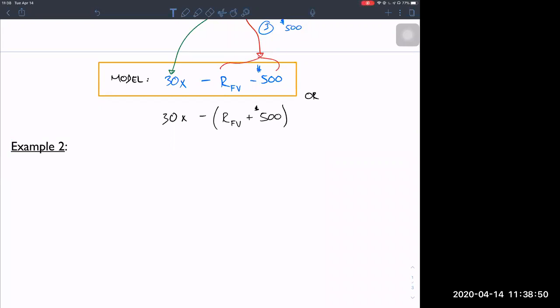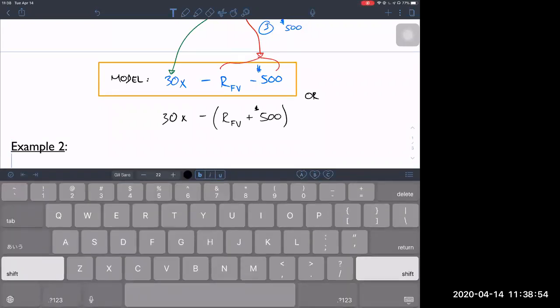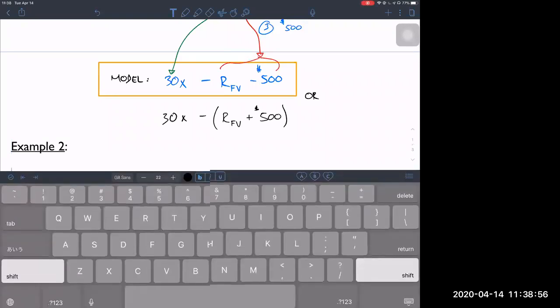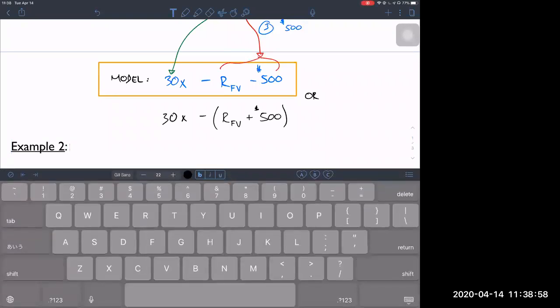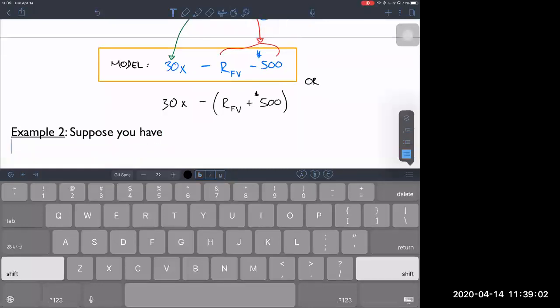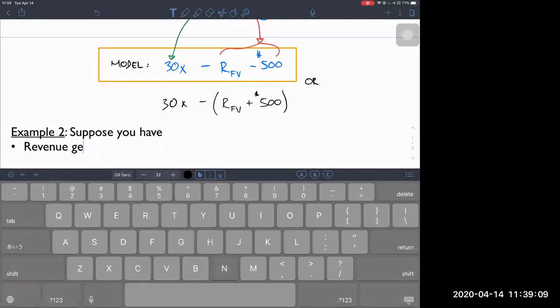Okay, so this is what we're gonna do now. Suppose you have revenue generated by 5 times the number of employees.